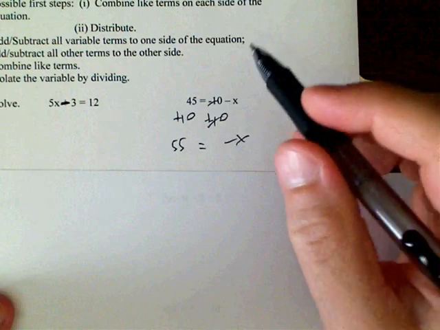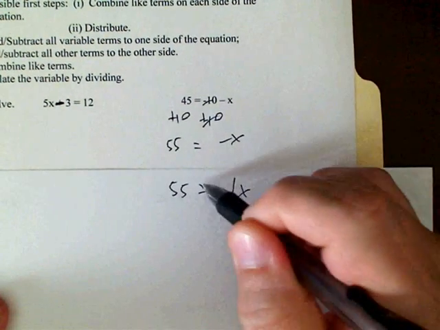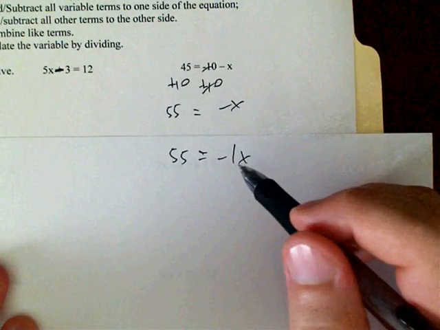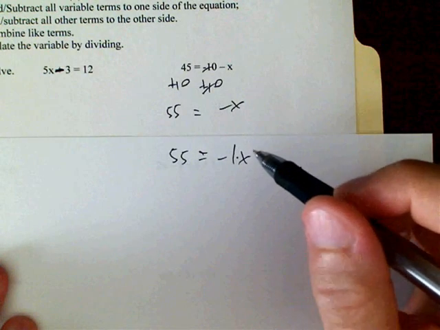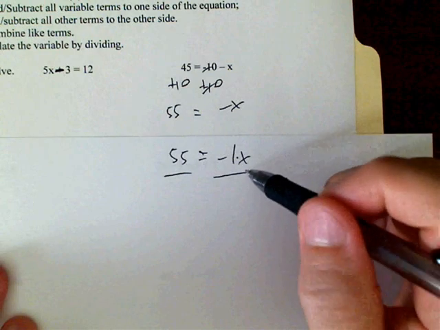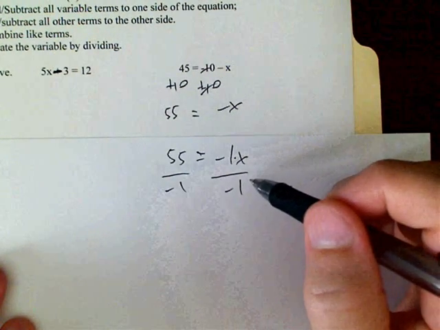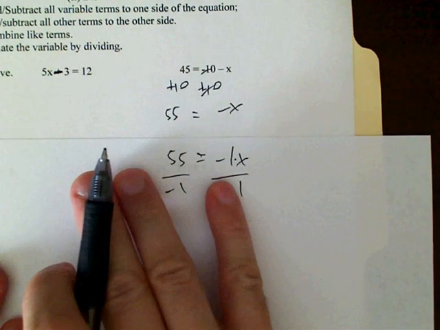Now some people need to think of that negative x as a negative 1x. And I highly recommend it, because we now need to get rid of that negative 1 that's being multiplied by the x. How do you eliminate multiplication? Division. You divide by what you see in front of the x, a negative 1. If you just use a plain old 1, you're going to end up with negative 1 over 1, which is a negative 1.